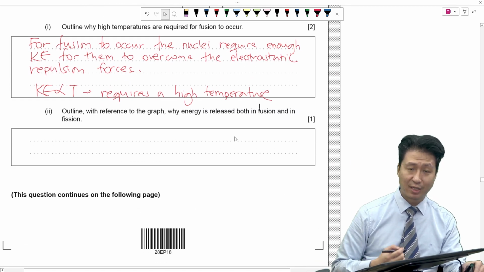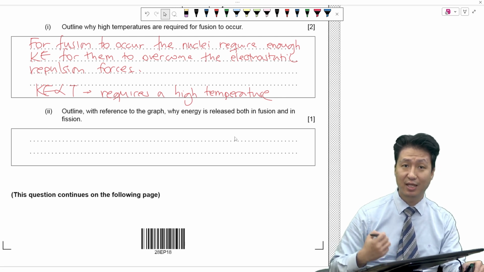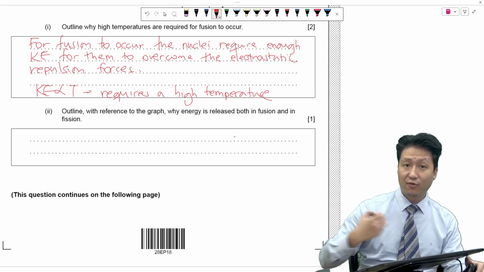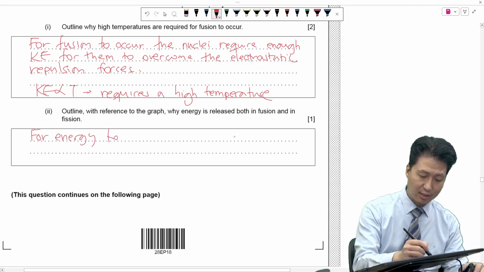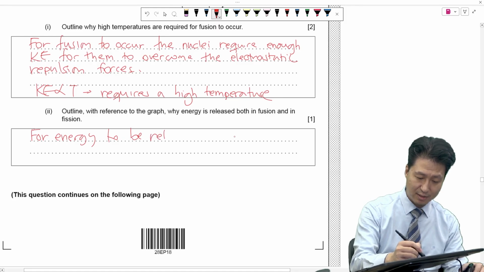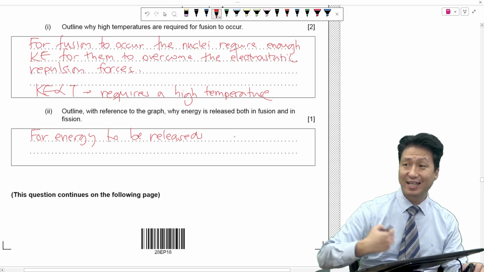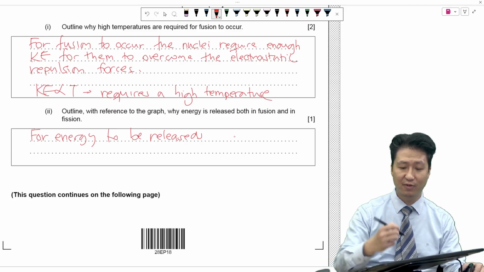Part 2. Outline with reference to the graph why energy is released both in fusion and in fission. So, in order for energy to be released, what has to happen is the average binding energy of the products has to be higher than the average binding energy of the reactants.